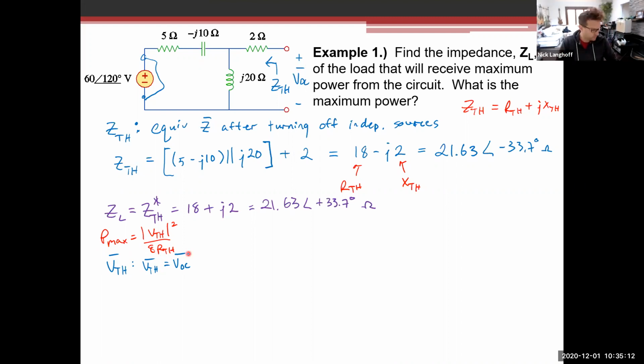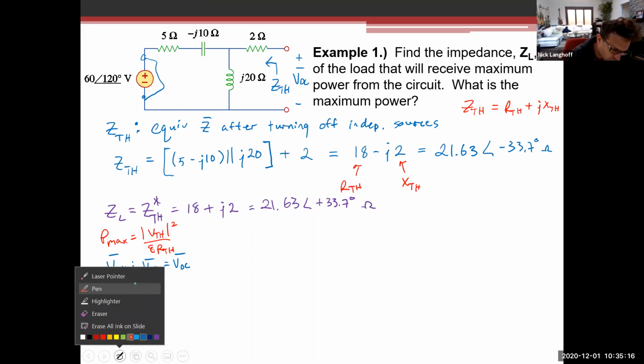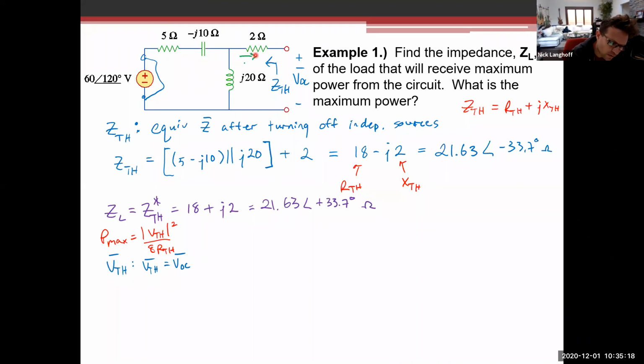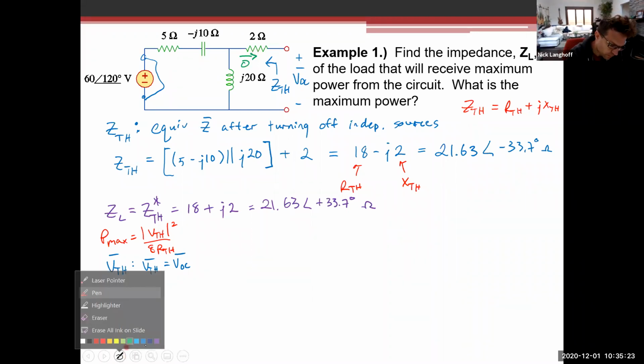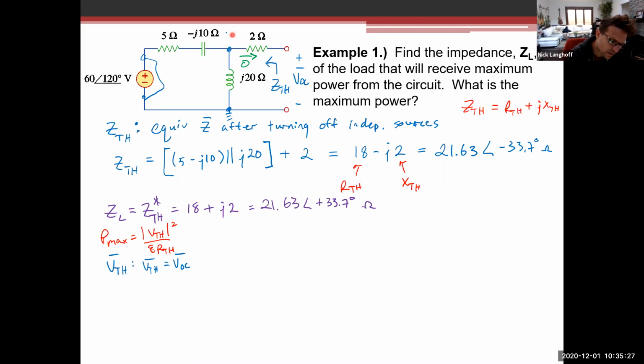at that port. If we acknowledge the fact that when it's open circuit, there will be 0 current flowing through that 2 ohm resistor, and if we just consider this as ground right here, then this is V Thevenin, right? When you see it that way, it's easy to see that we can use the voltage divider equation.